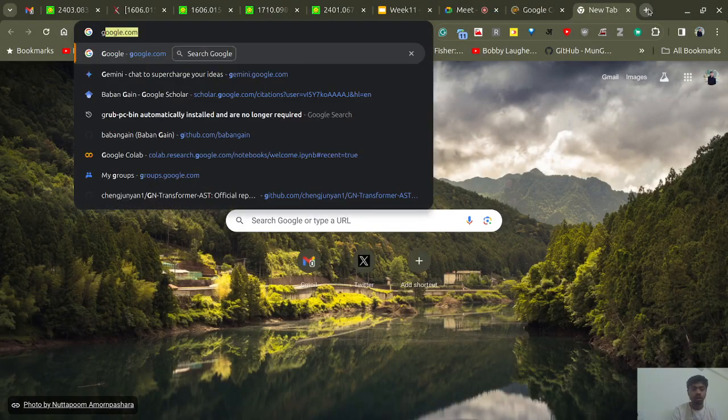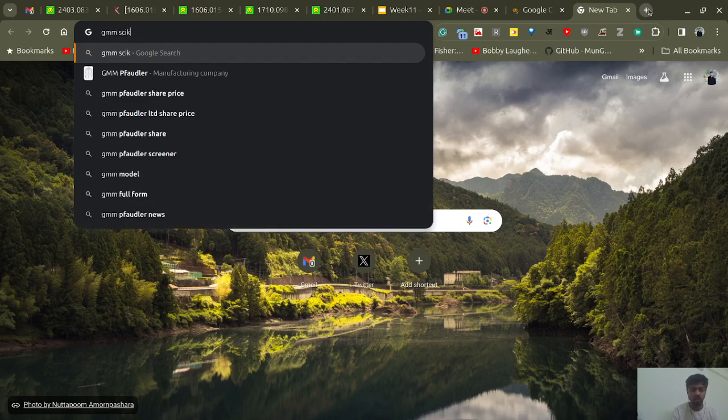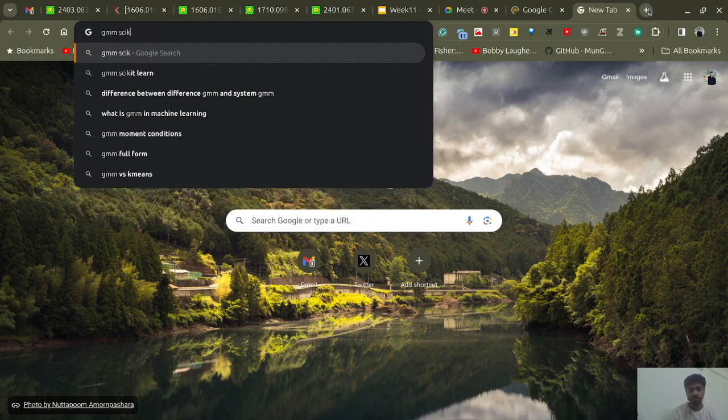At first, how to use GMM in scikit-learn? Let's check out the documentation.